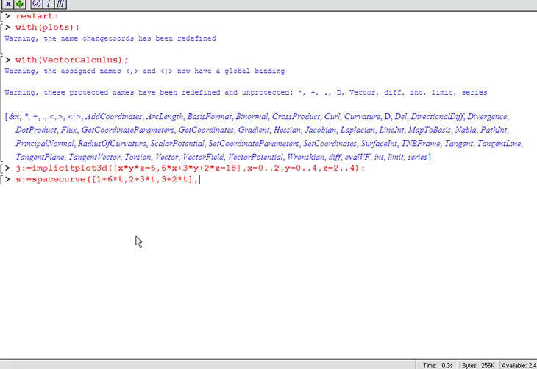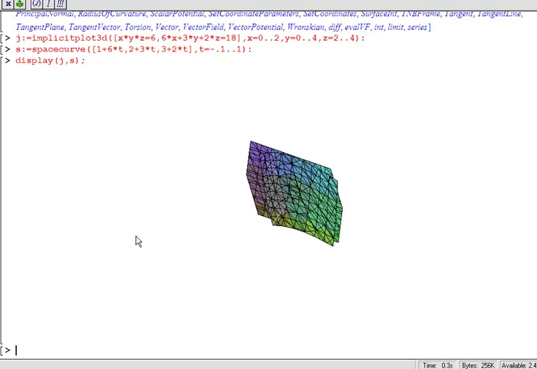This took a while to get, but I picked negative 0.1 to 1. And again, I'm going to suppress it because now I'm going to display them both together. J and S. So I got the normal line, the tangent line, and the surface all together.